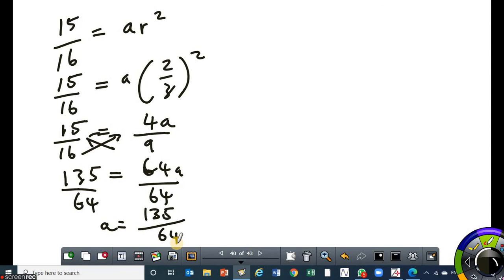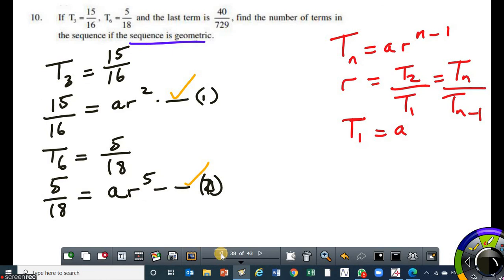Alright? Then, once I've got that, I now need to find the last term. Now, if you look at the question, it says the last term is 40 over 729. Who can tell me the equation for the last term?